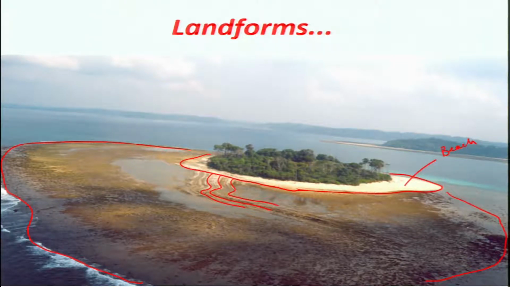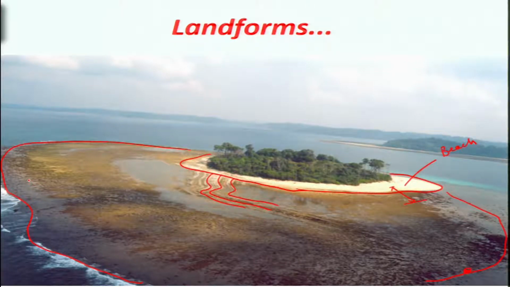Usually the water comes up to somewhere over here during high tide and recedes somewhere over here during low tide, but now the water has receded up to this point.